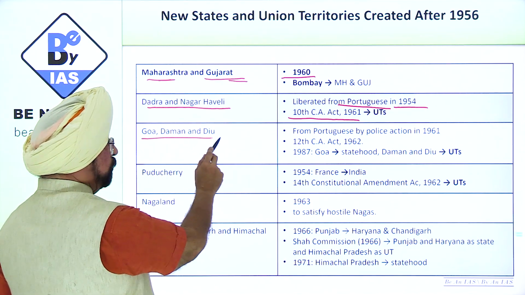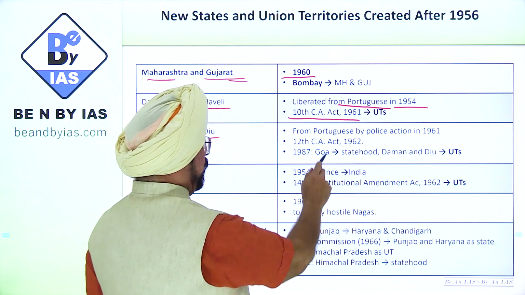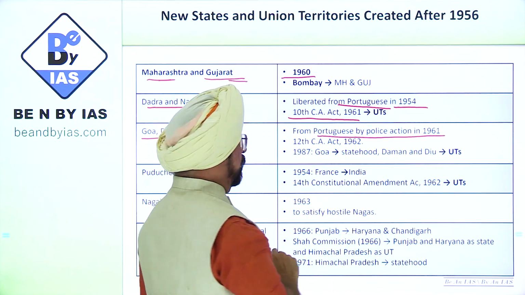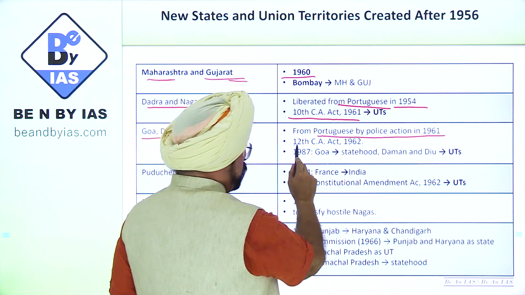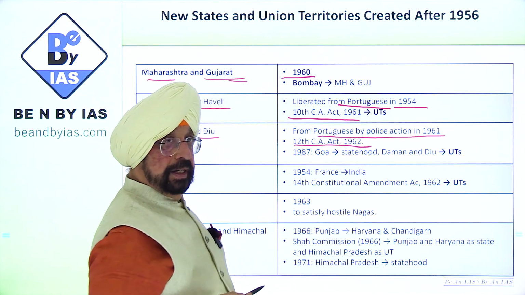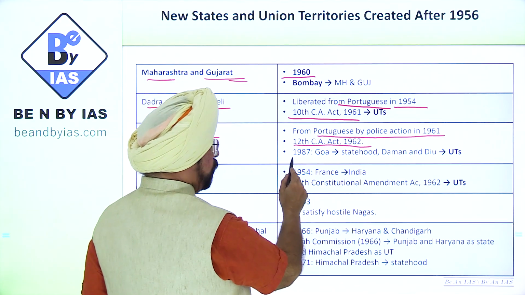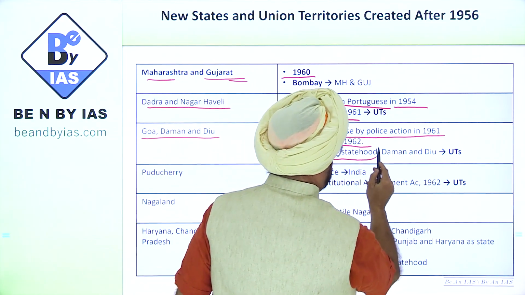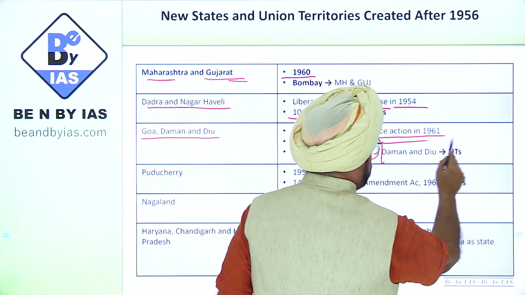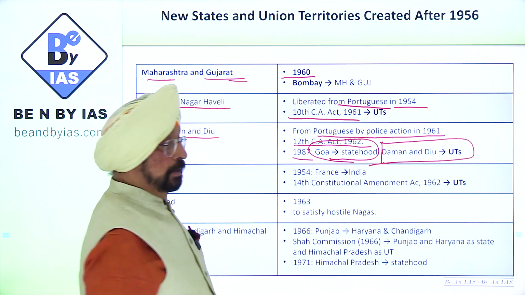Goa, Daman and Diu, again liberated from Portuguese by police action in 1961. 12th Constitutional Amendment in 1962. And in 1987, Goa was given the statehood, whereas Daman and Diu remained the union territories.